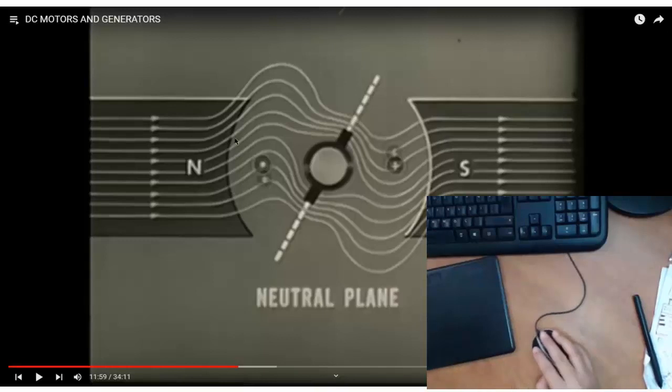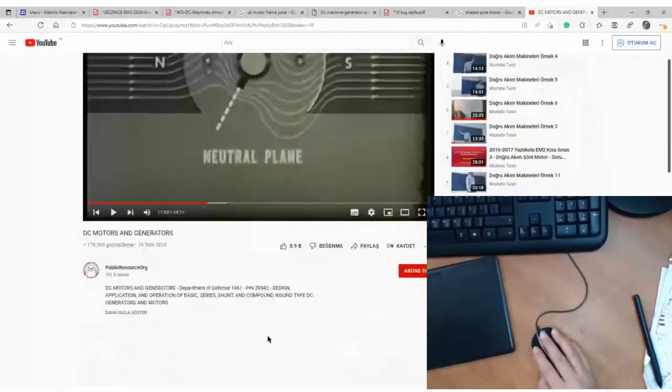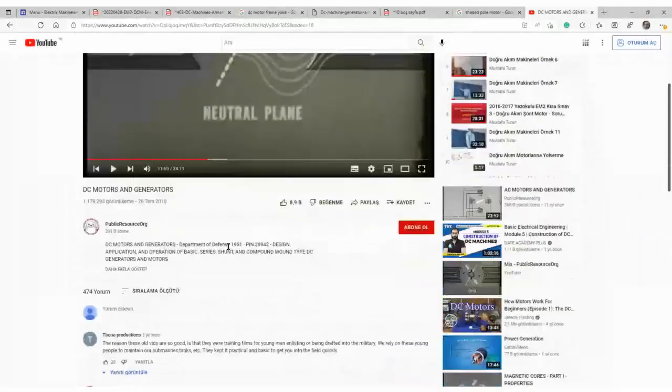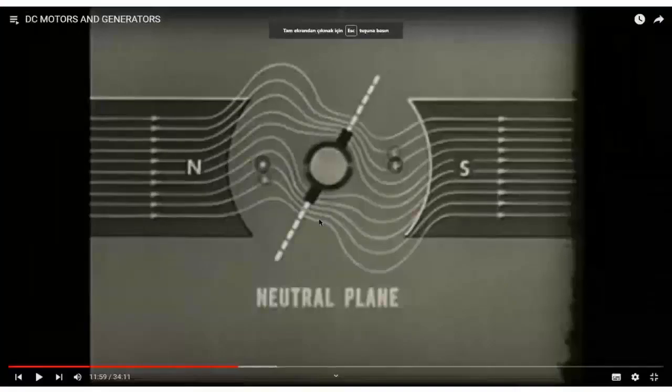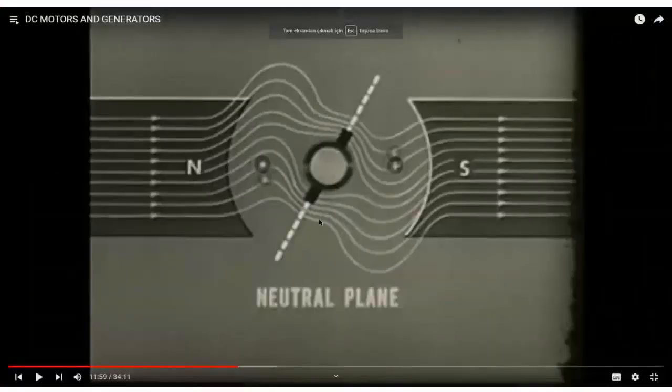In those years, let me read the year, 1960s, there's a conflict. They generally showed the electron flow direction instead of the current direction during that age. So there are some confusing explanations.